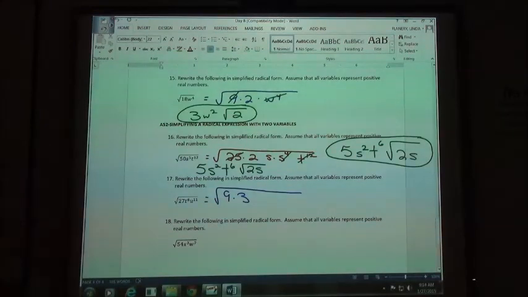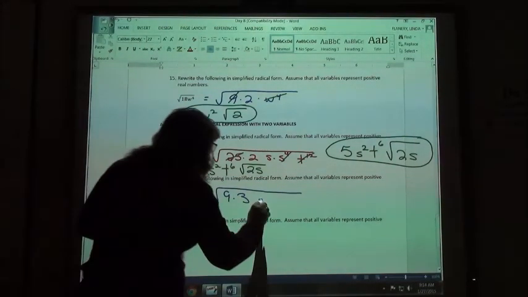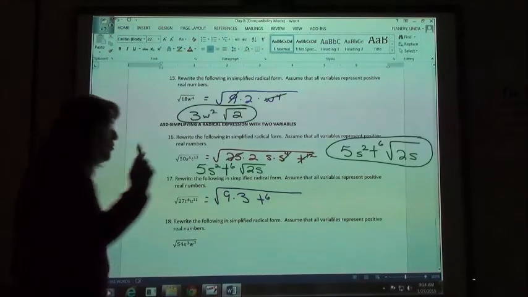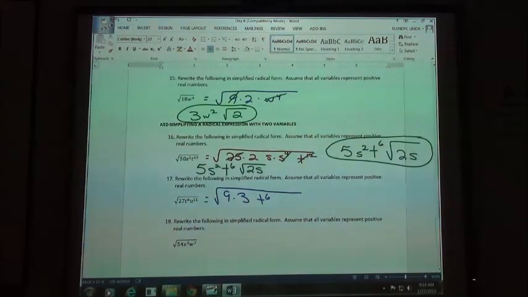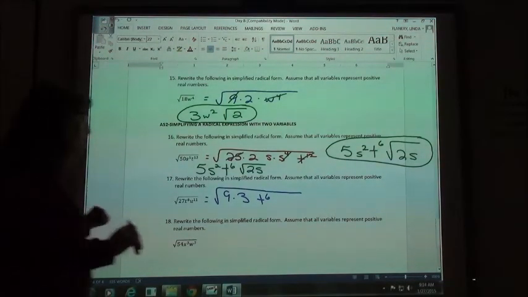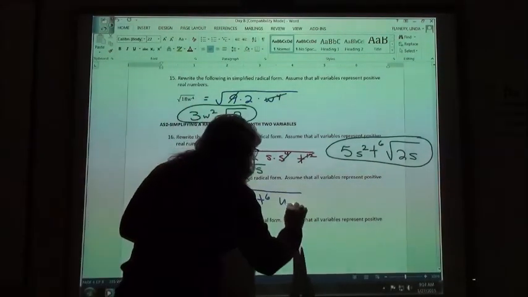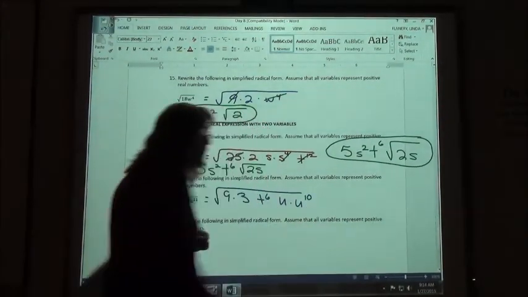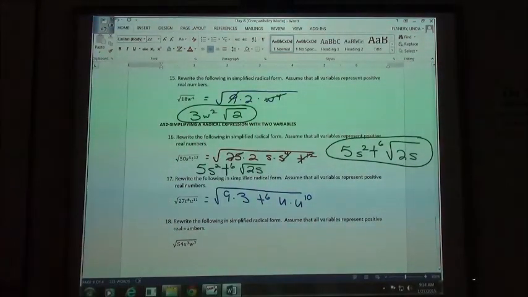T to the 6th: should we leave it alone or factor it? Leave it alone because it's already even. U to the 11th: should we leave it alone or factor it? Factor it, into u times u to the 10th. I always just take 1 out, which leaves me an even number.